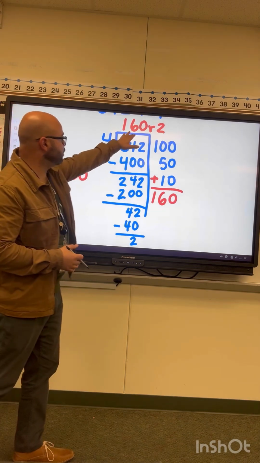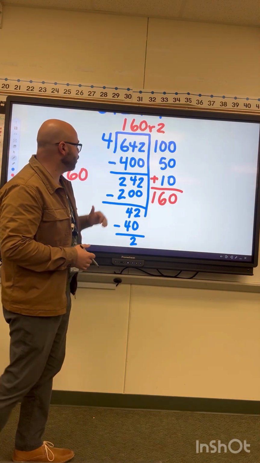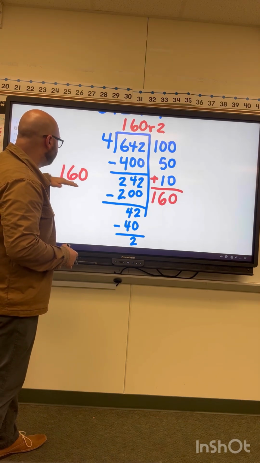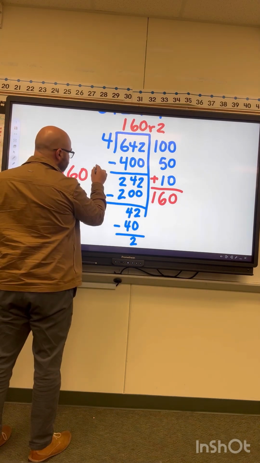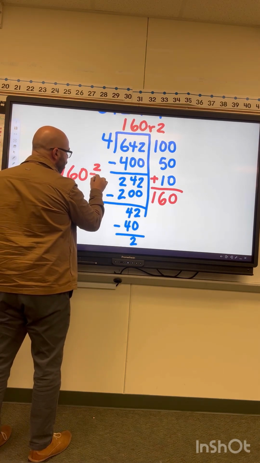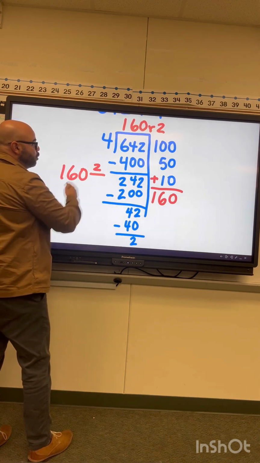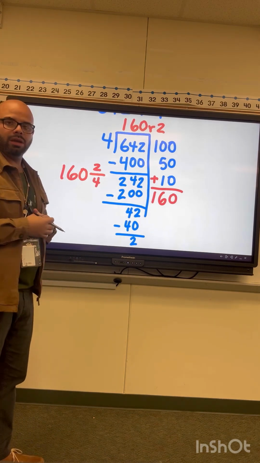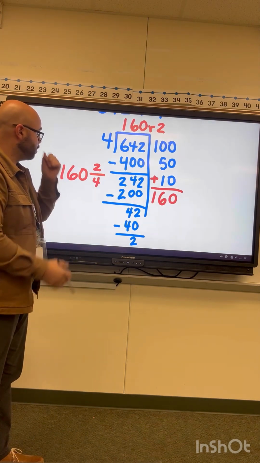Now I'm going to convert that 160 remainder 2 into a fraction. Now, 160, right, solid groups of 4. You take the 2, which is what you have remaining, okay? And then how much were in each group? 4. And that's how you would write it in fraction form, okay?